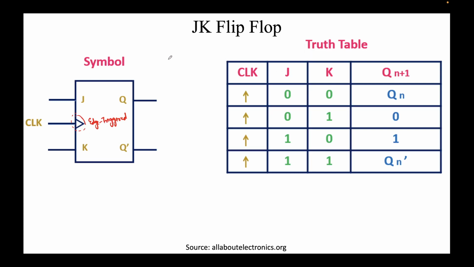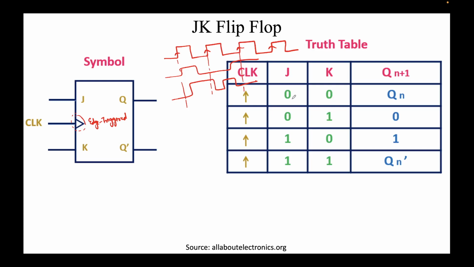So the clock is coming like this, and J and K are changing, it doesn't matter how. This is the positive edge and this is the negative edge. We are interested only in the positive edge. This symbol denotes a positive edge. So only the value of J and K at that edge will be taken while applying this truth table.